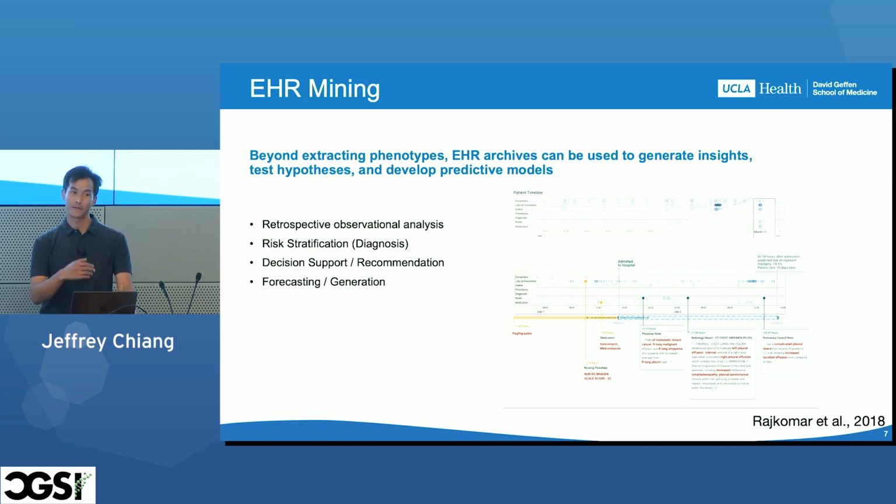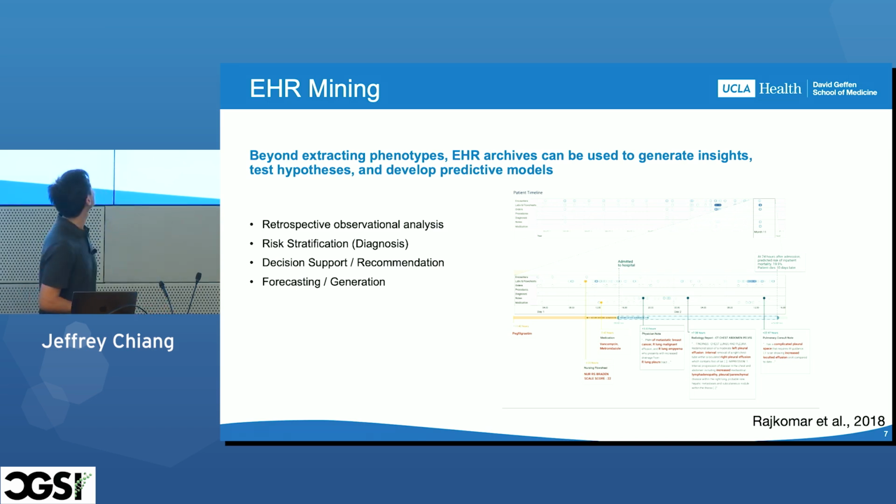For example, if clinicians see a pattern of symptoms or something like that, we can go back into the retrospective data and do a quick check and do some more data-driven inferences. We can develop risk stratification or diagnostic models. Maybe we can move towards decision support or treatment recommendations.